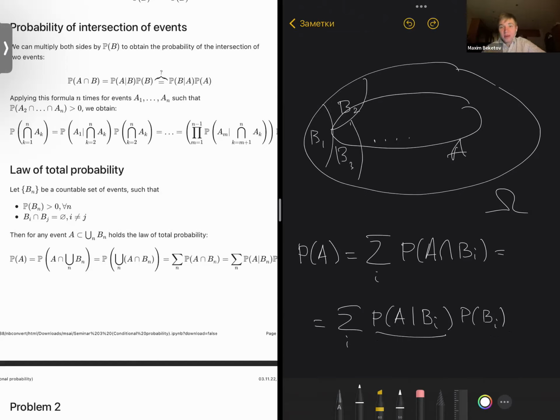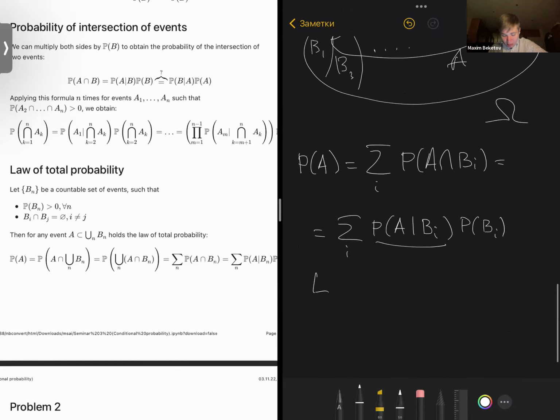Why do we care about this formula, you might ask? So this is called the law of total probability, the short is LOTP. Why do we care?